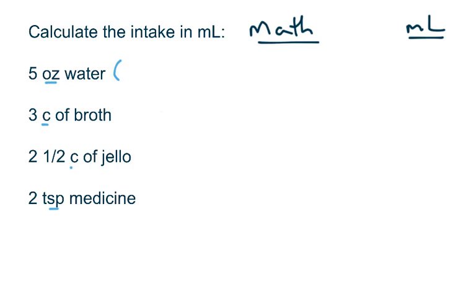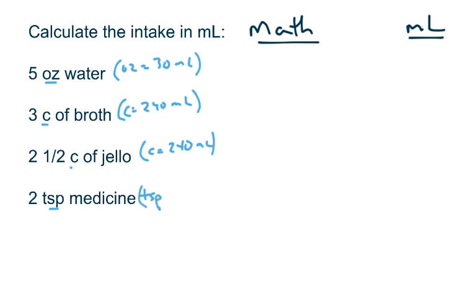So the ounce is 30, instead of putting the 1 out there. The cup is 240. The next one I have a cup again, so the cup is 240. And the teaspoon. A teaspoon is, and that was on the previous screen, the teaspoon is 5. Okay, now these are the smaller ones to deal with.